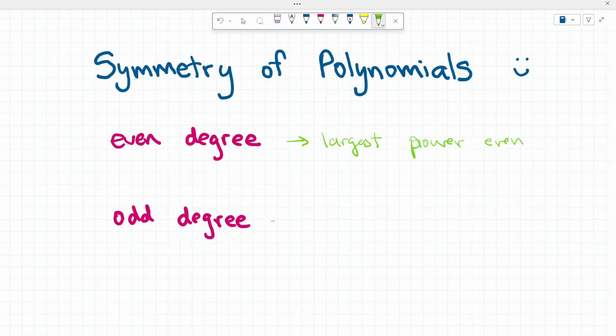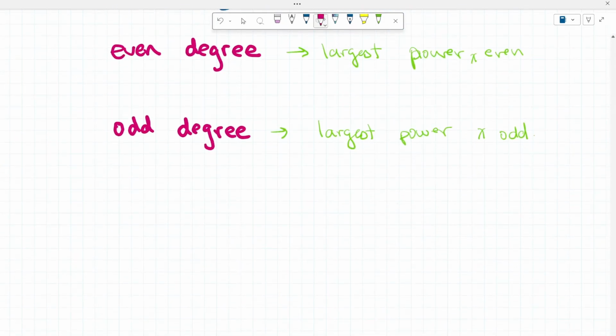And then likewise, odd degree polynomials is when the largest power of x is an odd number. So that can help us start to understand the symmetry of polynomials. However, to truly understand the symmetry, we have to take it one step further, and we have to look at whether the polynomial is an even function versus an odd function.